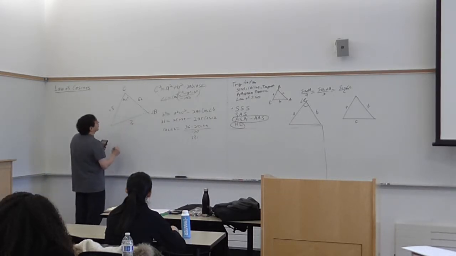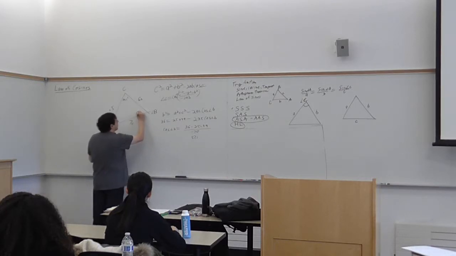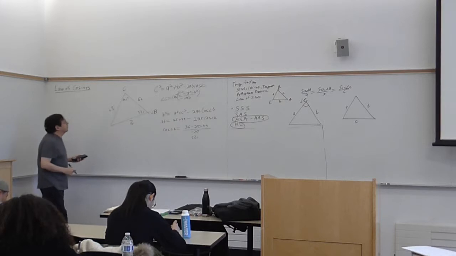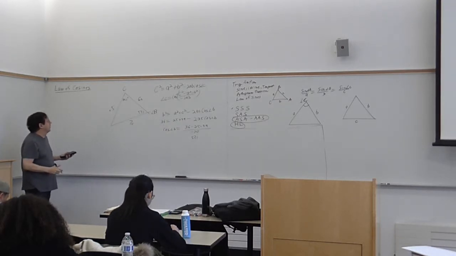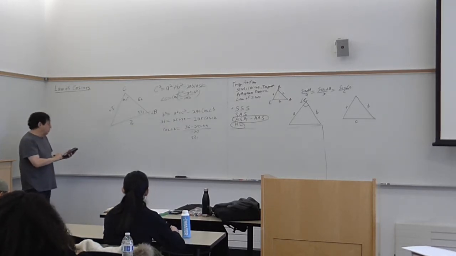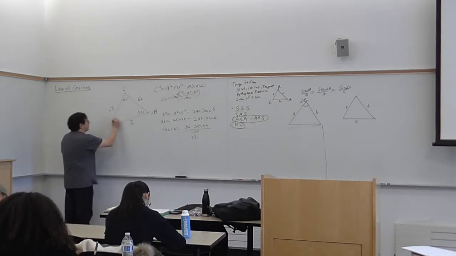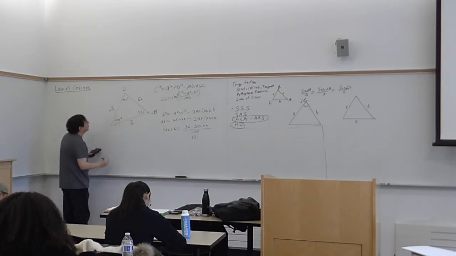Okay, which was over here, 57.1. So now I can just add these two together and subtract from 180. 101.5 plus 57.1 subtracted from 180, I get 21.4 degrees.